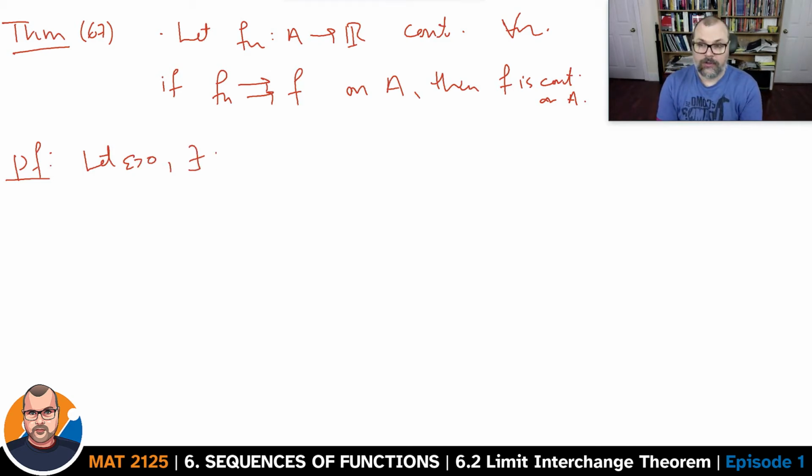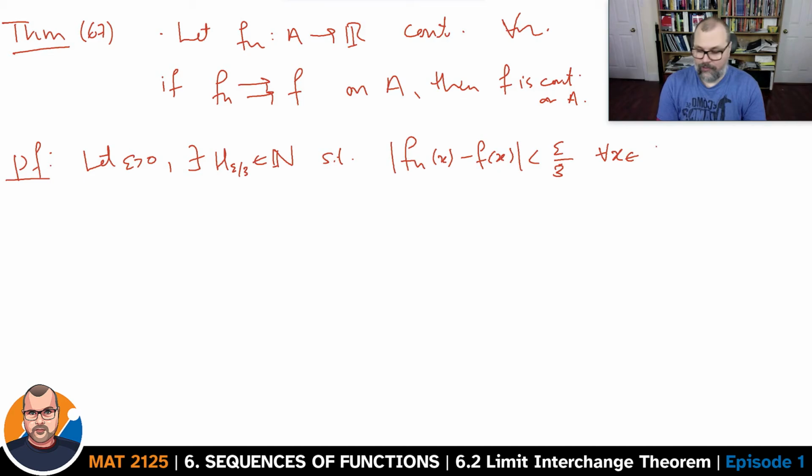We know that there's some integer N, which here depends on epsilon over 3, such that the difference between f_n at x and f at x is less than epsilon over 3 for every x in A, whenever n is greater than N. How do we know that? Make sure you understand which assumption is at play.